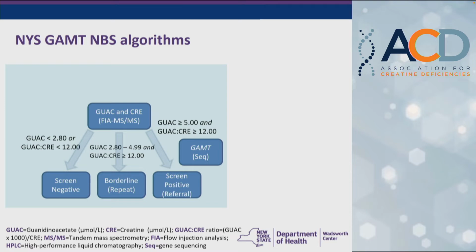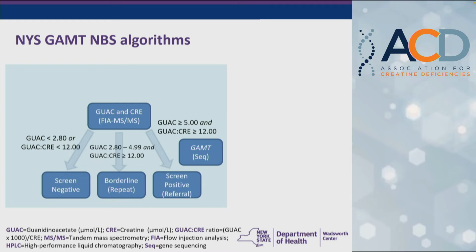And so babies with low guanidinoacetate or low creatine are released as screen negative, which you can see in the lower left-hand corner. We do assess our creatine not as a value, but as a ratio, so it's analyzed in the context of guanidinoacetate levels.